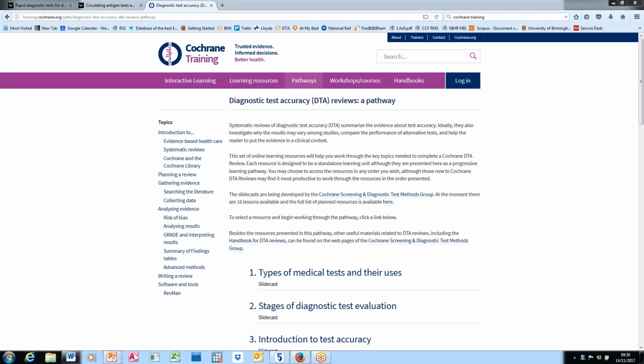Somebody asked a question, Kim, about selecting the best comparator test, which is an important question, because you want your review to help people make decisions. If there's a standard test which is currently being used, and you've got a new technology you're evaluating, maybe a laboratory-based technique which is current practice, and you want to know whether it can be replaced by a near-patient test, then that laboratory technique should be your reference standard.